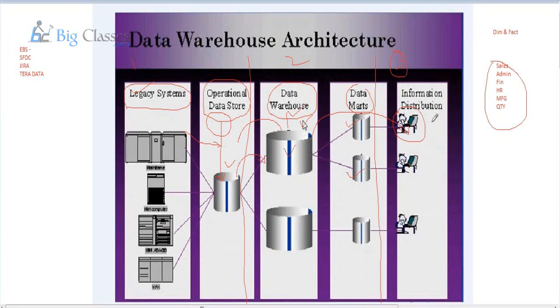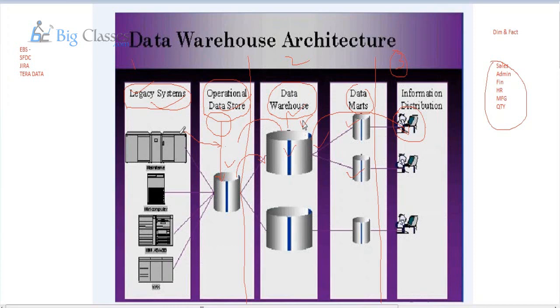Any reporting tool, not only OBIEE, can connect directly to the operational data source or legacy systems like EBS, and you can also connect to a warehouse, but there are differences. If you connect directly to legacy systems, report performance is very poor, because to fetch the data we have to join many different tables and dimensions.